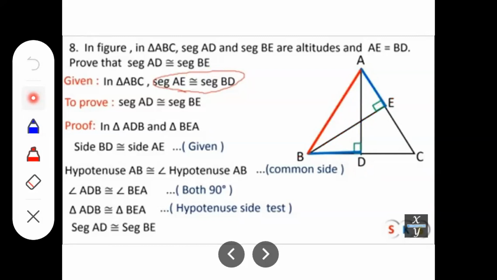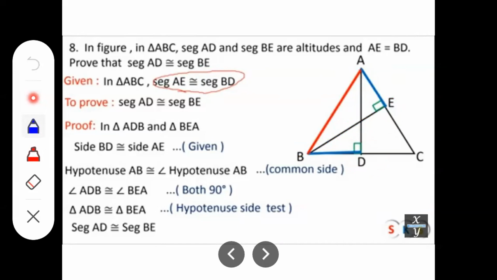Now it is simple here. The angles are 90 degrees, so it is a right angle triangle. And for right angle triangles, generally the hypotenuse side test is applicable. So which is the hypotenuse in both the triangles?